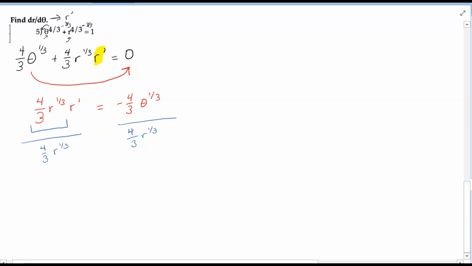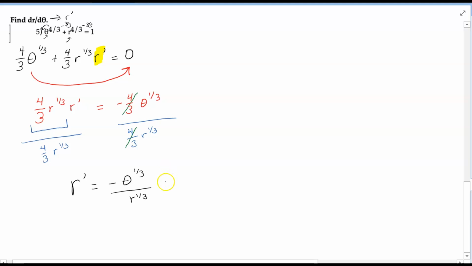Just like that. Okay? And so we should notice what happens. The 4/3 end up canceling or dividing out. Okay? You end up being left with -1. And we end up with r prime equal to a negative theta to the 1/3 divided by r to the 1/3. Okay? Something like that.